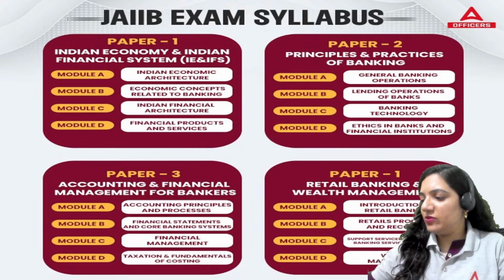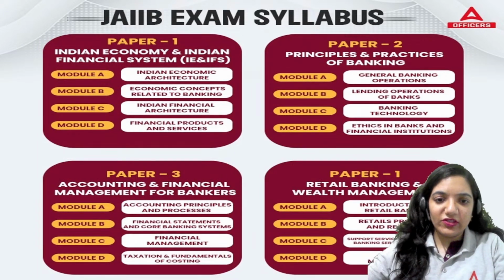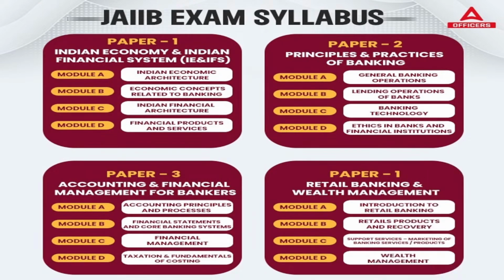As you have already seen in terms of your examination, have a look at this everyone. In this examination they have 4 different subjects. Among these, we have Indian economy and Indian financial systems.